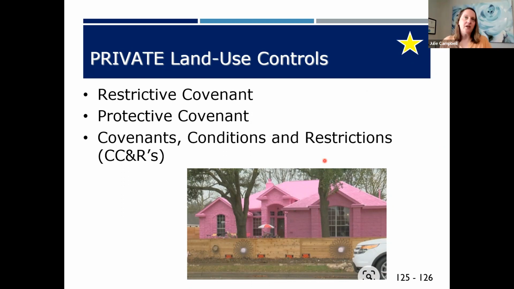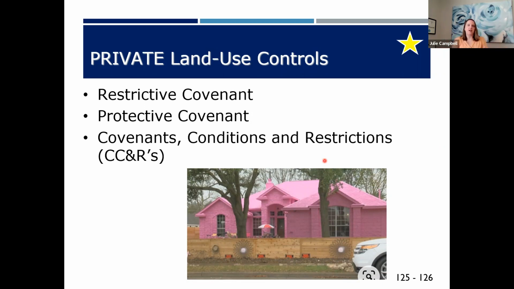Covenants are going to be on public record. So if you're going to buy in a subdivision with covenants, they should be available. If the seller doesn't have them, we can go find them. The whole point of covenants is to help maintain the standards, help maintain the value of the property.